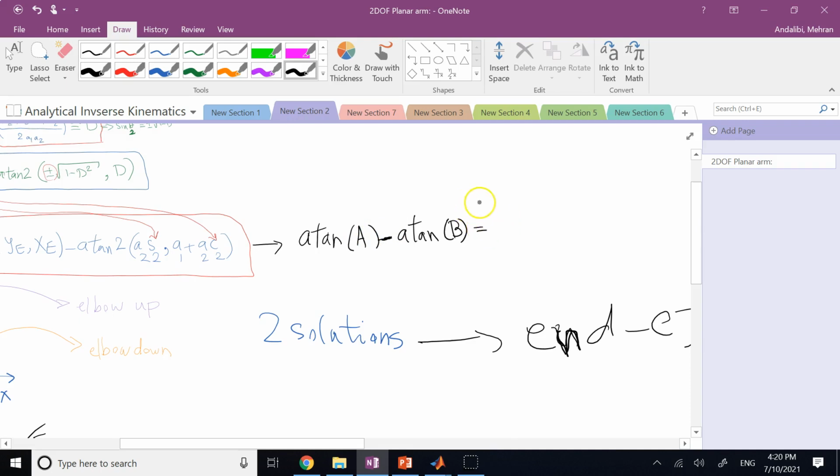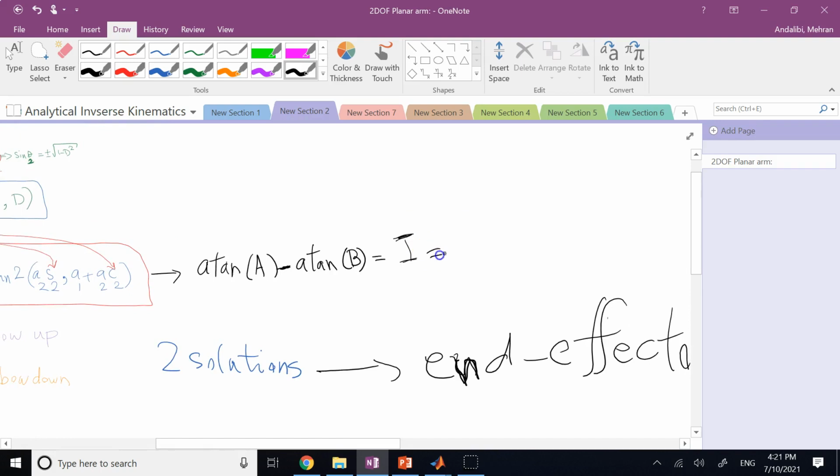Okay, the subtraction of two arctangents. If you don't know, just call it I. Take a tangent from both sides, then you see tangent of I is going to be tangent of A minus tangent of B, in this case it's going to be A minus B, divided by what? 1 plus, correct? 1 plus tangent A tangent B, which is going to be A times B.